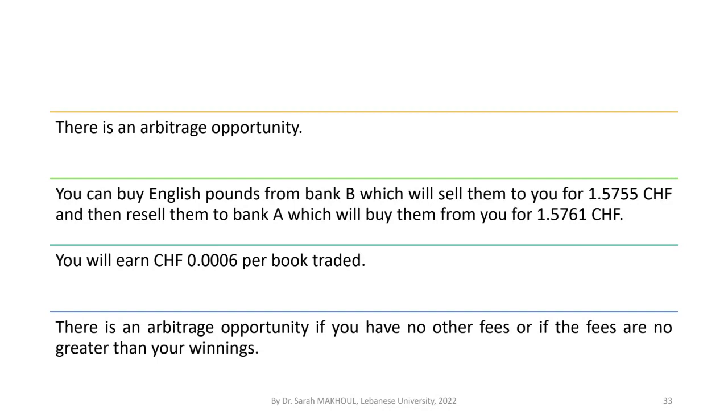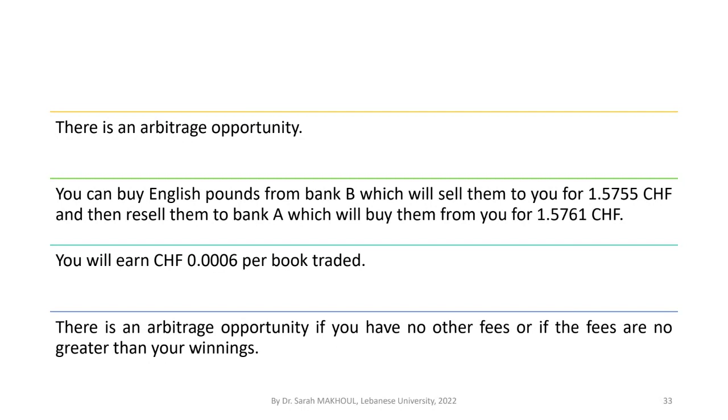You can buy English pounds from one bank, which will sell you those pounds for 1.5755 Swiss francs, and then you can resell them to the other bank, which will buy them for 1.5761 Swiss francs, and you will earn 0.006 per trade, per each single pound you have exchanged.